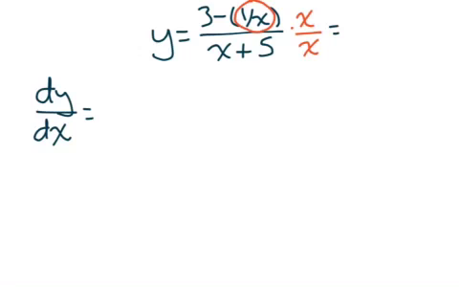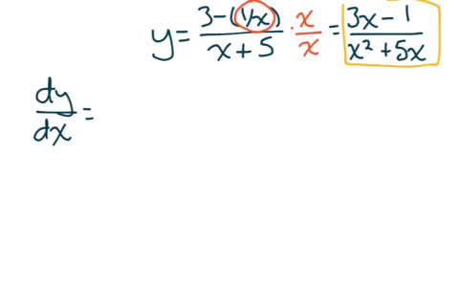So when we distribute that x on top, we get 3x, and then 1 over x times x is just 1. And then in the denominator, we distribute the x down here, and we get x squared plus 5x. And so let's work with this form of the function rather than that first form, because it's just a little simpler to deal with.